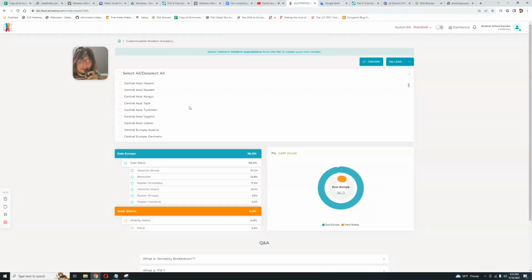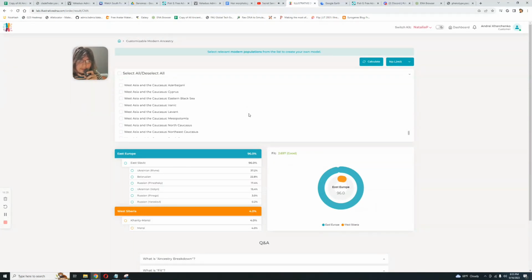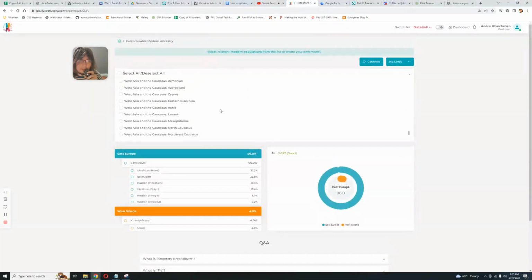So for Ukraine, we're gonna include East Central Europe, West Slavic, because Ukrainians have some Polish admixture, and we're also gonna include something from Moldova and Crimea too, because why not? So Moldova, wait, where's Moldova? There is no Moldova. So the closest to Moldova is gonna be Romania. So I'm just gonna include that. Gagauz, I'm gonna include that.